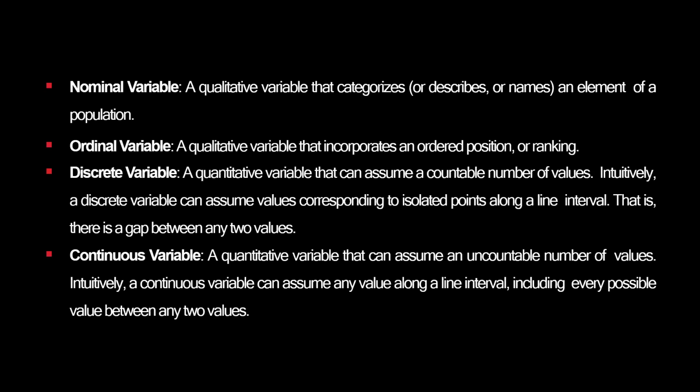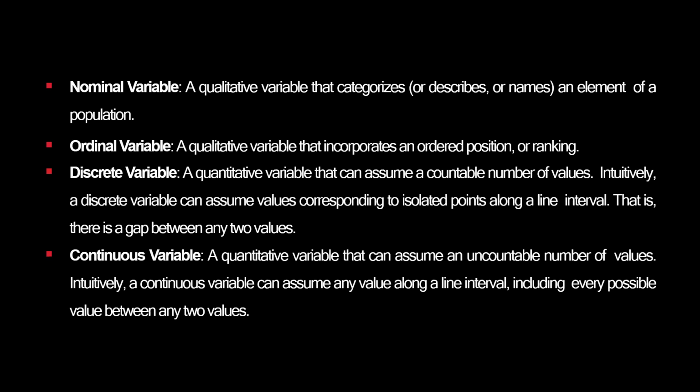All these come under the ordinal variable, where you can order the position or ranking. Whereas a nominal variable you cannot order, that is, you cannot position them with any mathematical values.